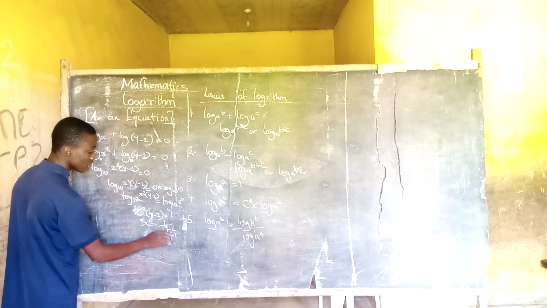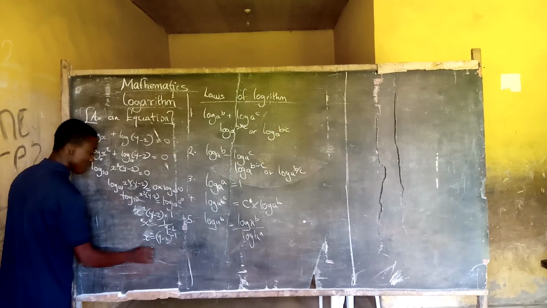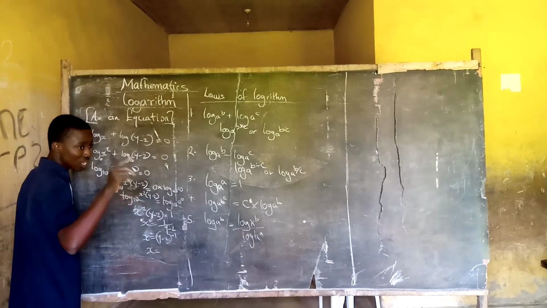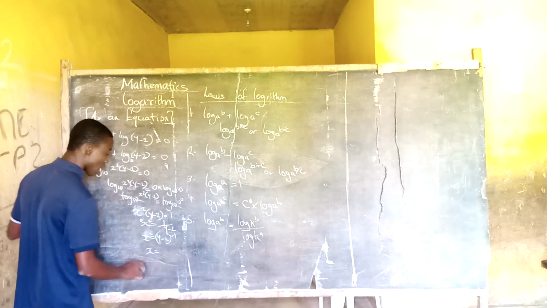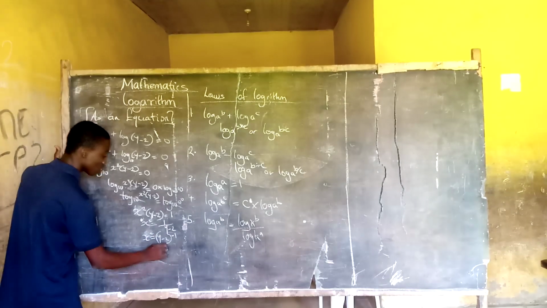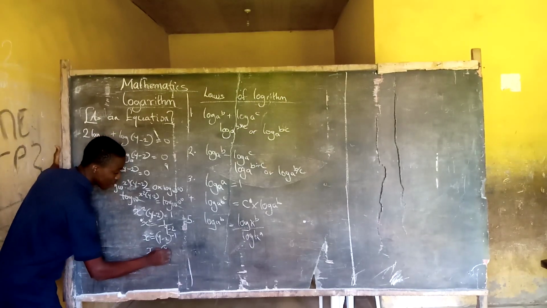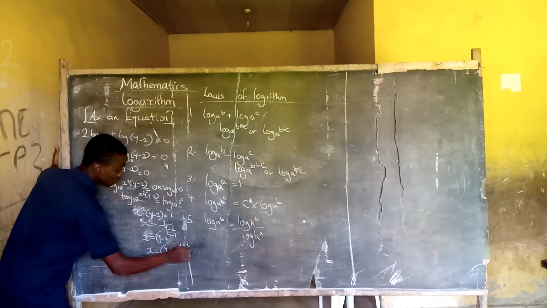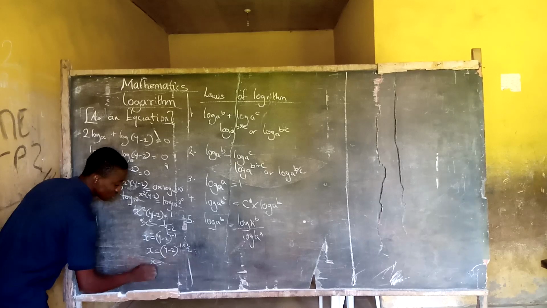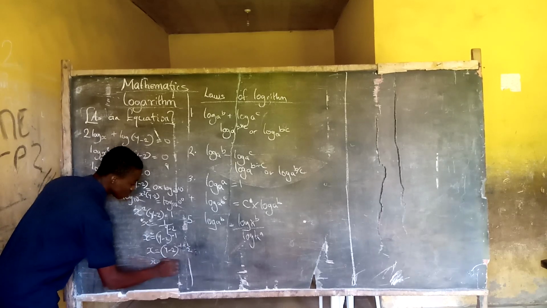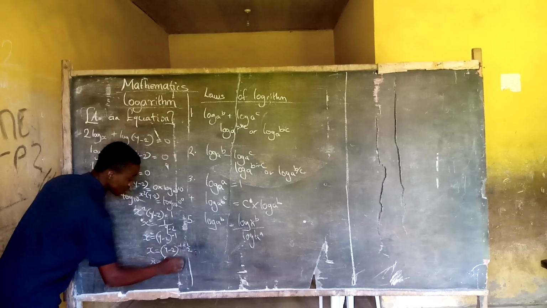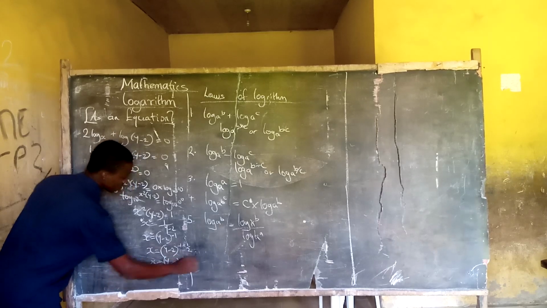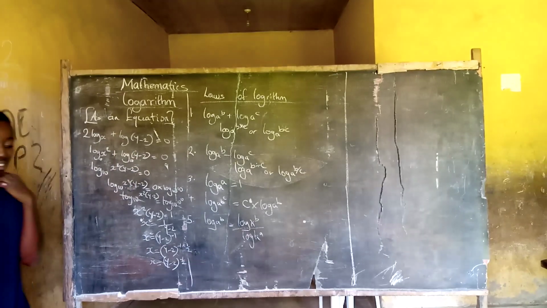Now, crossing the square here, it becomes square root, which is to the power of 1 over 2. Now, multiplying this, it becomes y minus 2 raised to the power of negative 1 times 1 over 2. And my x is going to be y minus 2 raised to the power of negative 1 over 2.